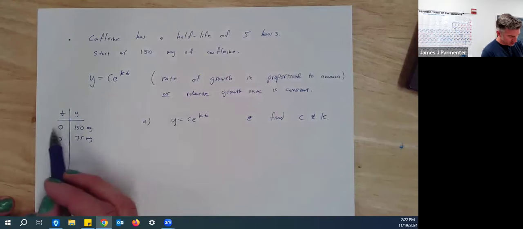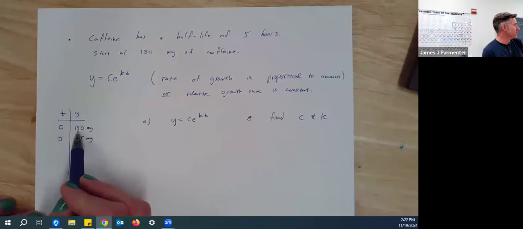Almost always, if you're given time equals 0, the corresponding y value is your C value.